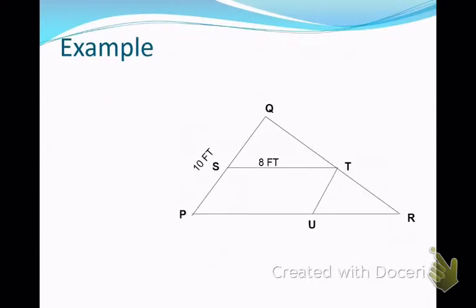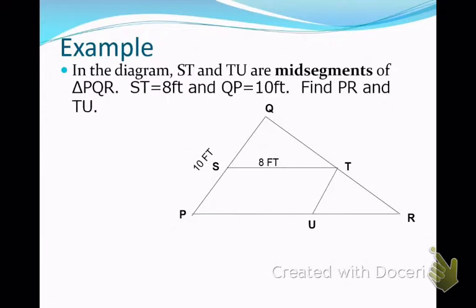Okay, all right. Now, the next example in your notes gives you this triangle and some information. It says that ST and TU are mid-segments, and then we've got the length of PQ and the length of ST. We want to find PR and TU.